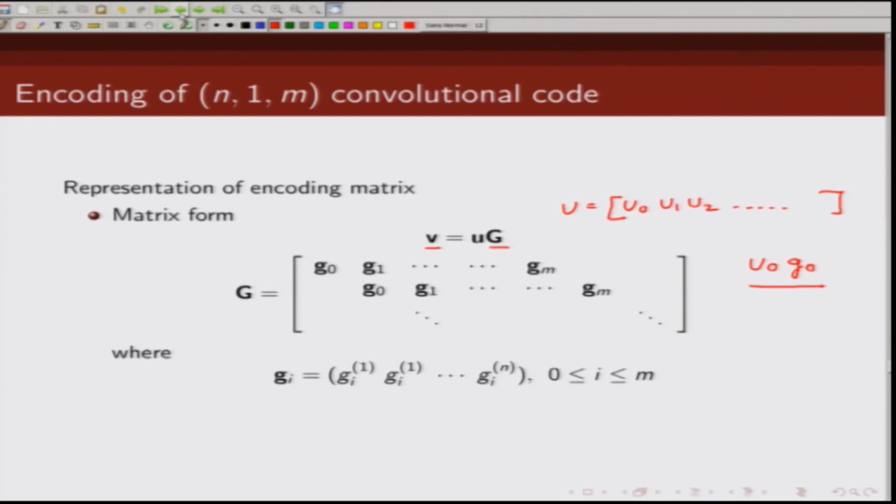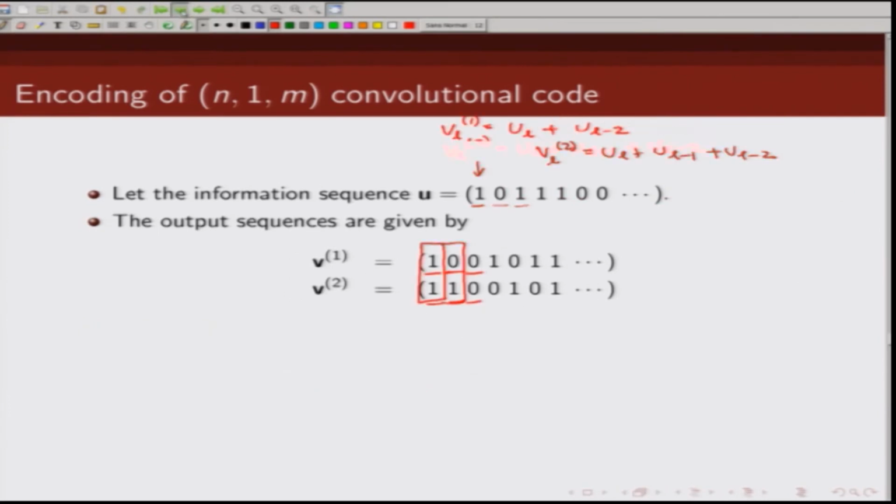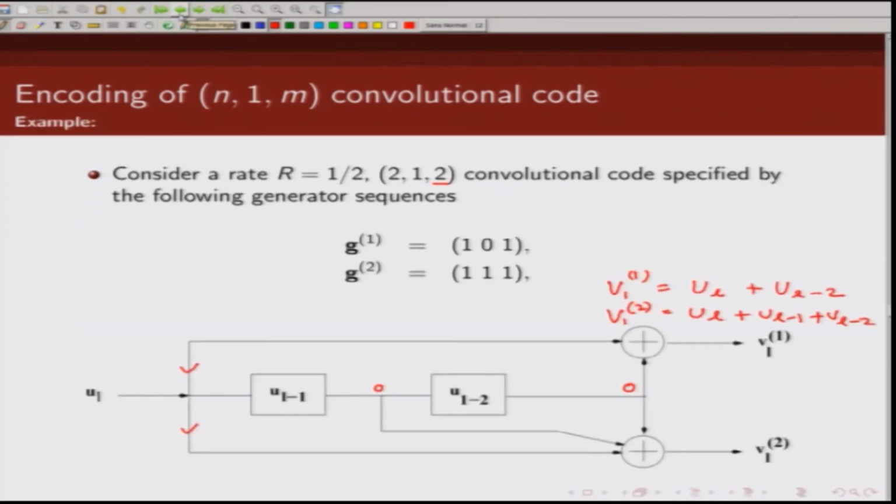What is the output that you will get in the second time instance? Now, whatever U0 you had, that U0 has moved here, and a new bit U1 has come here. So, what is the output at this time? It is U1 times G0 plus U0 times G1.